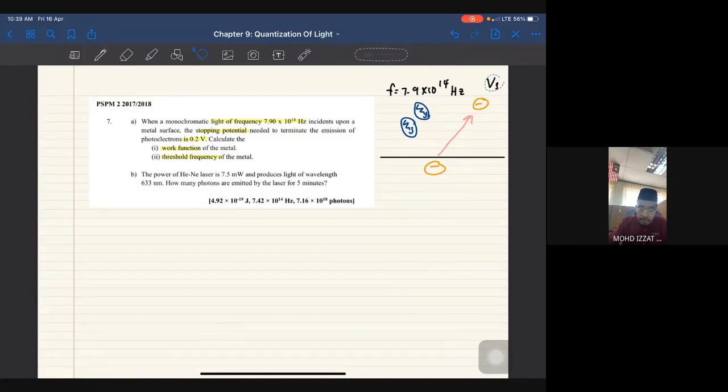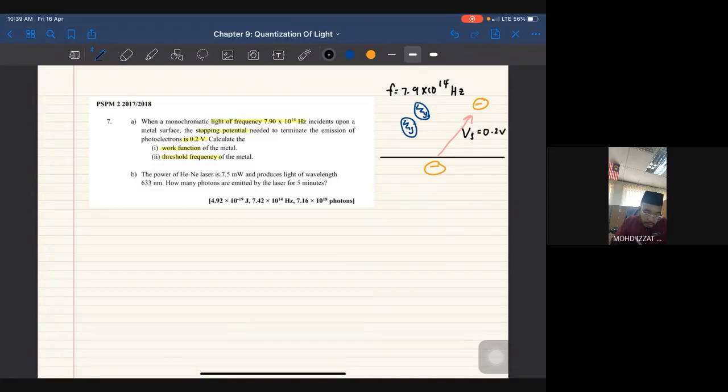So that's why we have it over here. So for the outgoing, it is Vs. Okay, those are the two pieces of information that they give you.